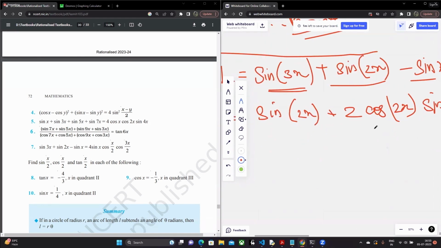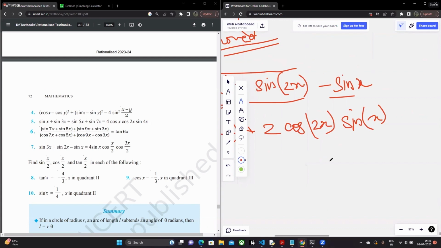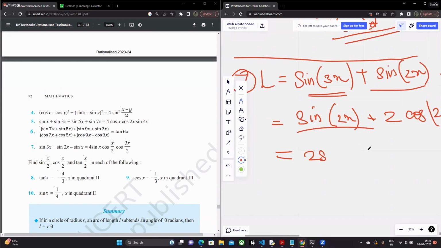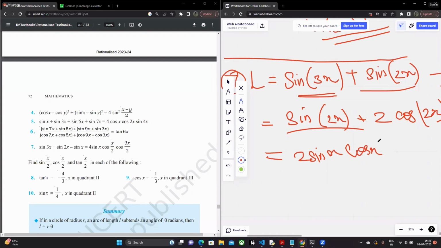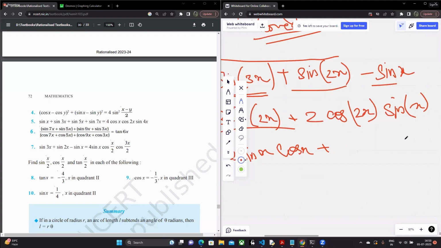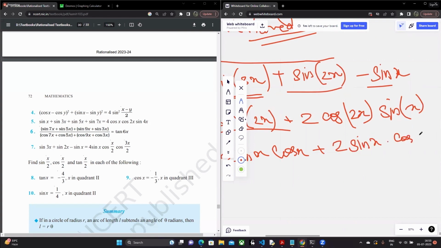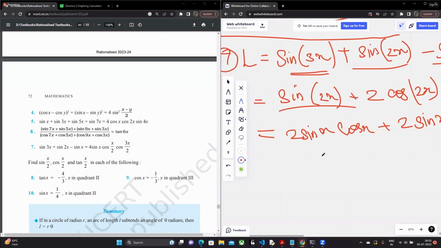And now I'll separate sine 2x out into 2 sine x cos x. And this I'll retain as 2 sine x into cos 2x. So I'll take 2 sine x common out.